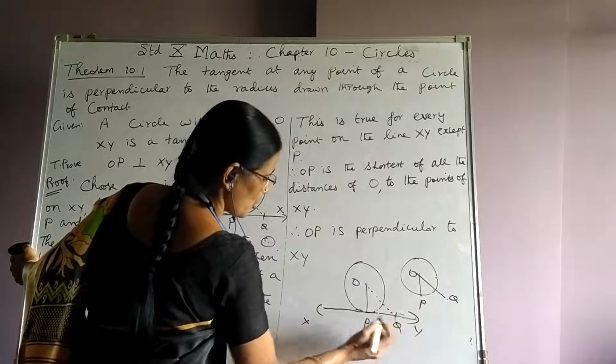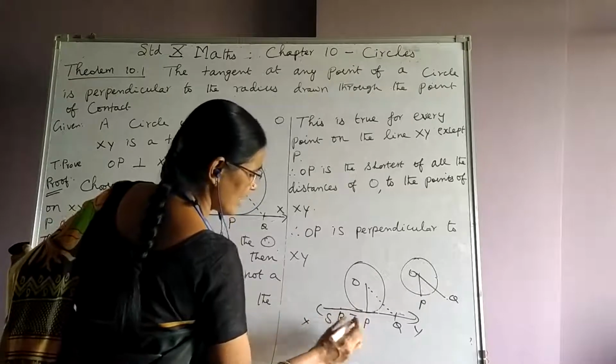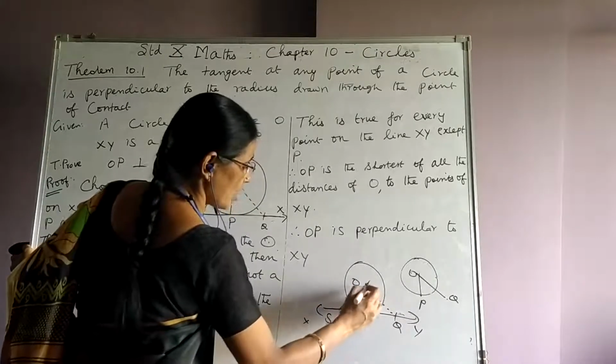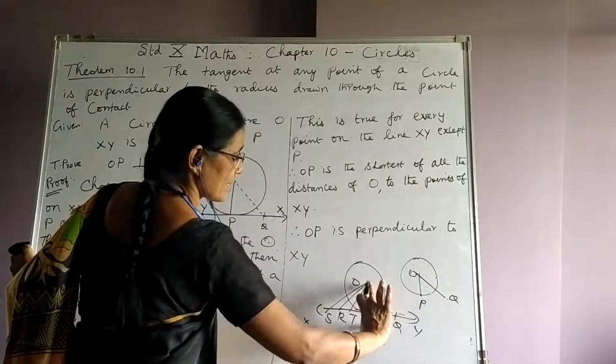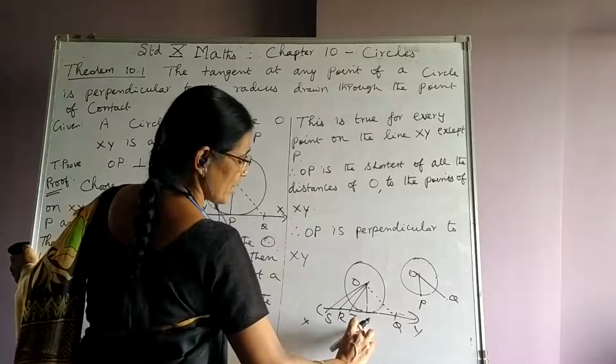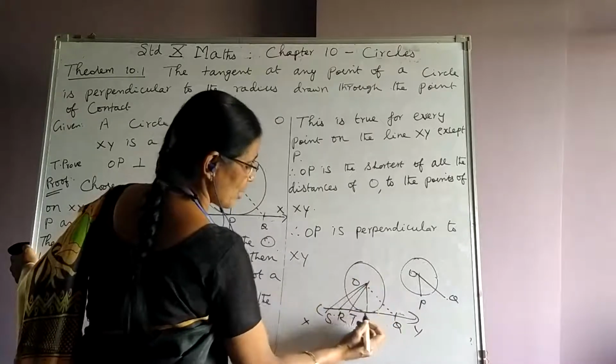So similar to Q, if I take different points R here, S here, T here on the line different from P, all these distances will be greater than what? Greater than OP. Because P is a point on the circle and all these points are in the exterior of the circle.